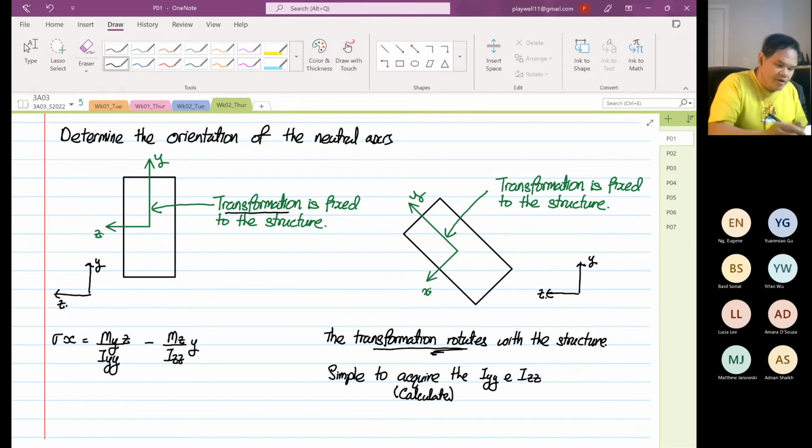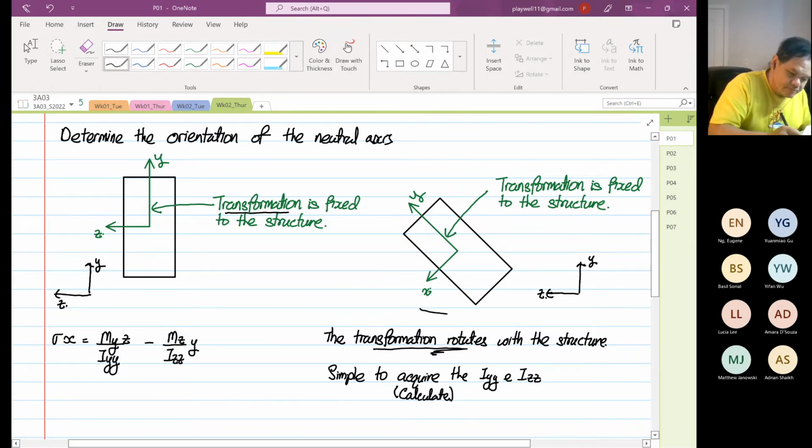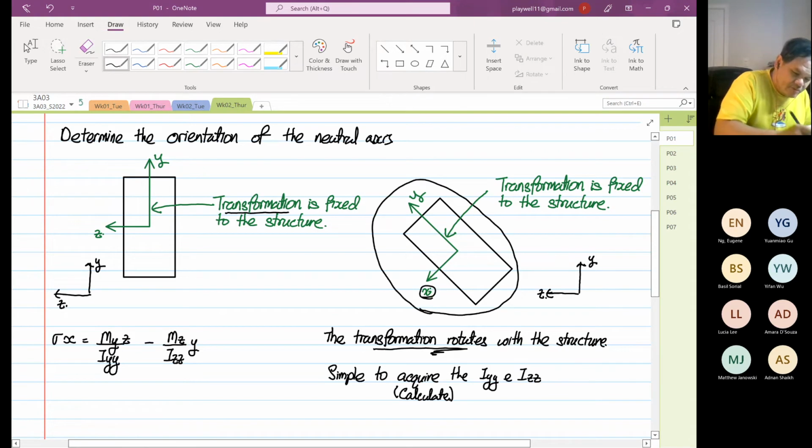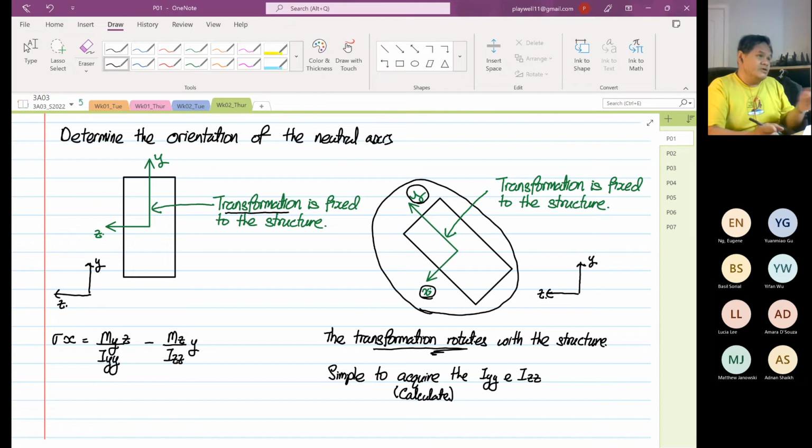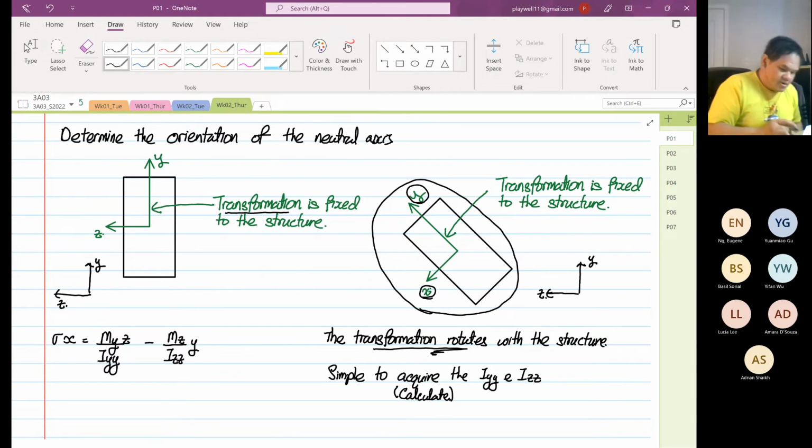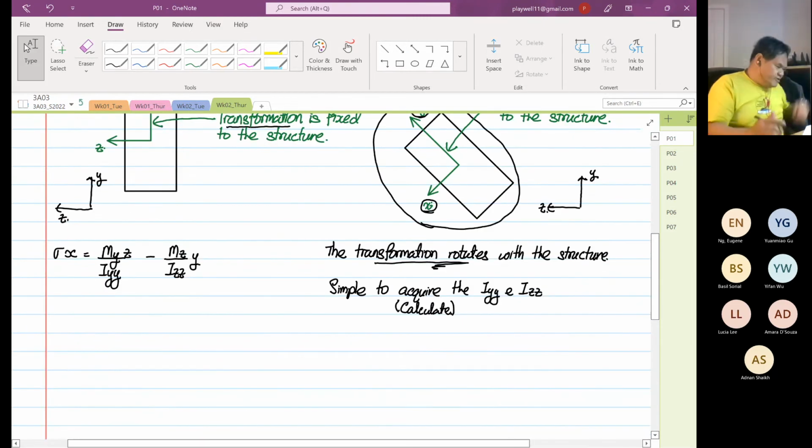So when you rotate the structure, if the transformation is fixed to the structure, the Iyy and Izz formulas do not change at all. Remember this, the values are the same. That's the first thing to remember.